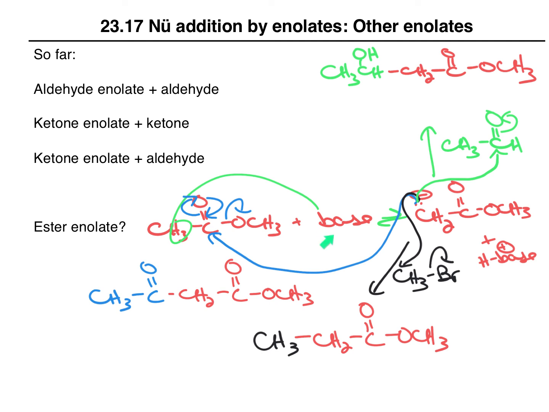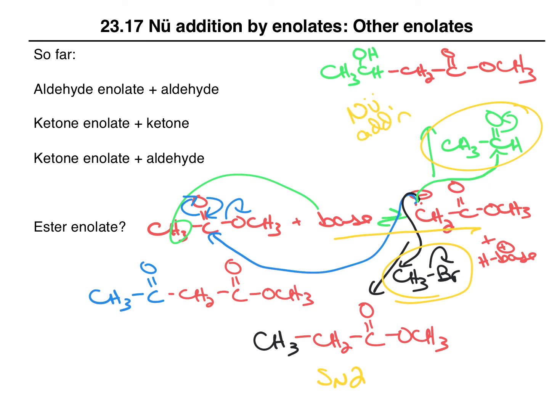But if we used a much stronger base, such as LDA, then we could pull this equilibrium toward the products. That would minimize the self-addition, and then we could add in either the methyl bromide or any alkyl bromide if we're trying to do an SN2 reaction, or we can add in an aldehyde if we are trying to do nucleophilic addition.